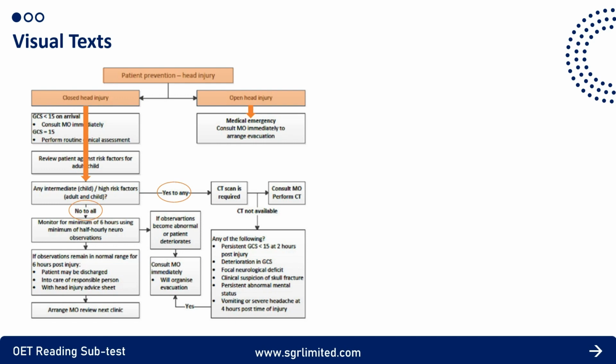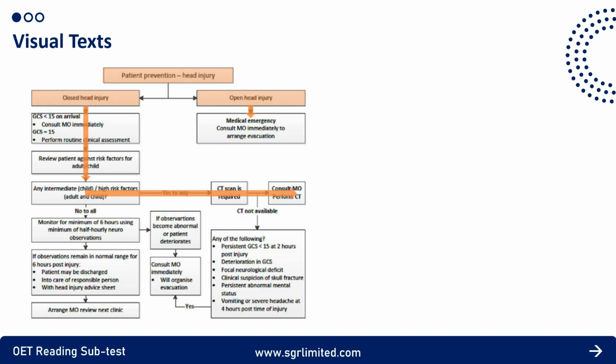For a closed head injury, there are different processes to follow. The first one is to check if your patient is showing intermediate or high risk factors. If your answer is no, we go to the boxes for the no. If the answer is yes, we follow the flow to the right.